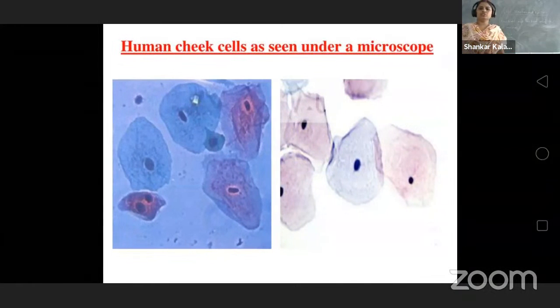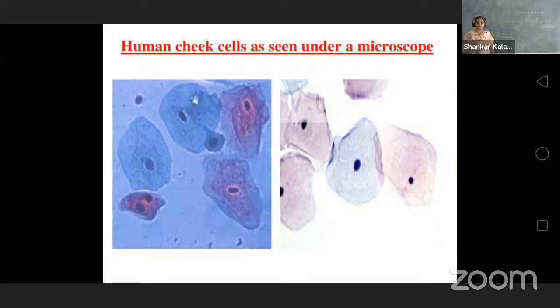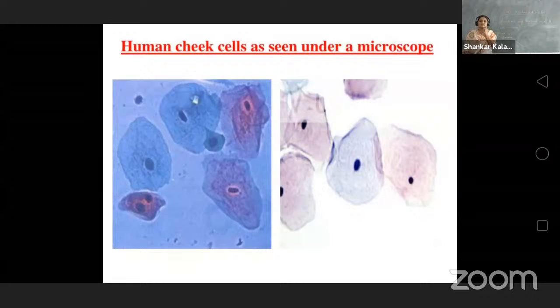This is a human cheek cells as seen under a microscope. Human cheek, students. Our cheeks. When they observe our cheek under the microscope, they observe the cells. So this part, the skin, everything, muscles, whatever we have, it is all made up of cells.